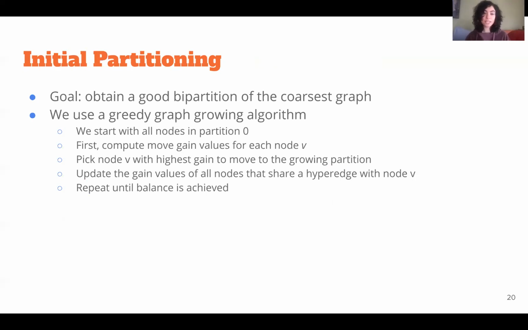This gain basically tells us how the edge cut will improve if we move that node to the other partition. Then we pick the node that has the highest gain and move it to the growing partition, let's say partition 1. We update the gain values of all the nodes that share a hyperedge with that node, and we repeat this algorithm until balance is achieved. Basically, if half of the nodes are in partition 1 and half of the nodes are in partition 0.